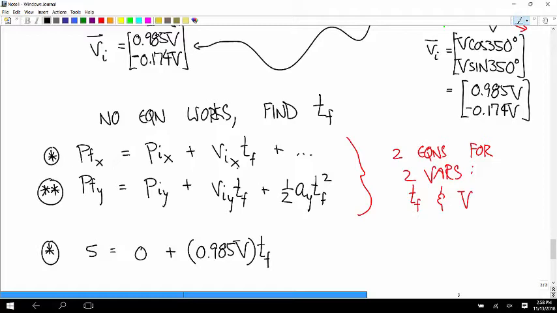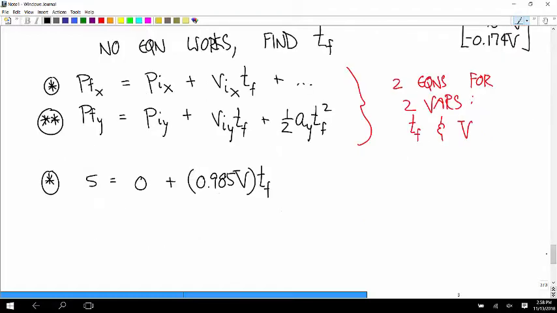All the other stuff goes away because the x component of acceleration is 0. So we can rewrite this equation as an expression for Tf, where Tf is equal to 5 over 0.985 V.